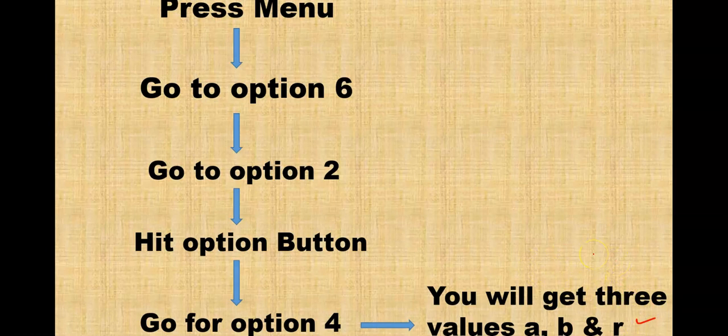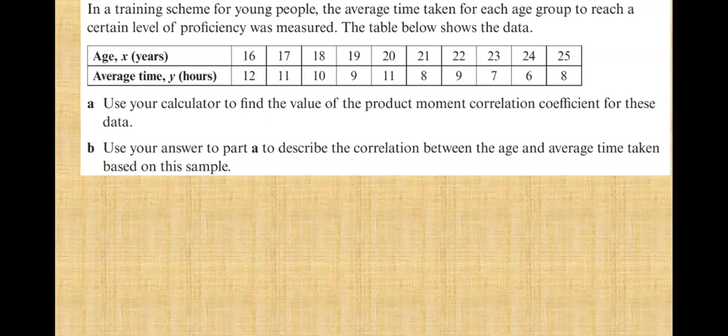Now I'm going to give you one question and you need to try it with the help of your calculator. Here is a question. In a training scheme for young people, the average time taken for each age group to reach a certain level of proficiency was measured. The table below shows the data.